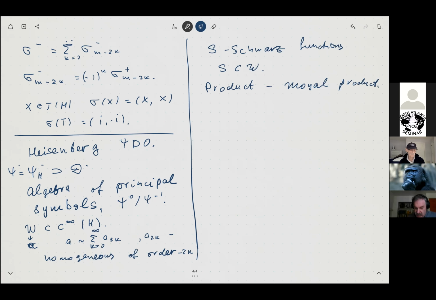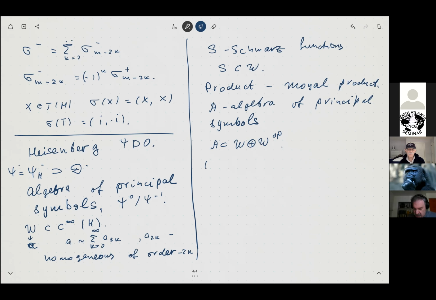And the algebra of symbols, we call it A, is again a subset. Well, again, the algebra of principal symbols at a point is a subset of W plus W op.